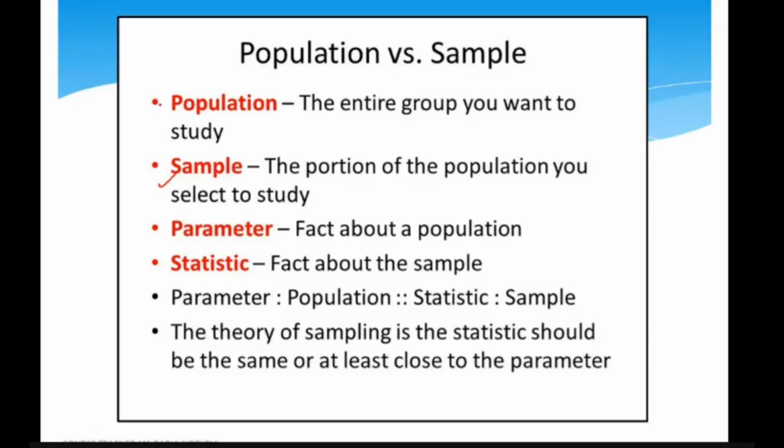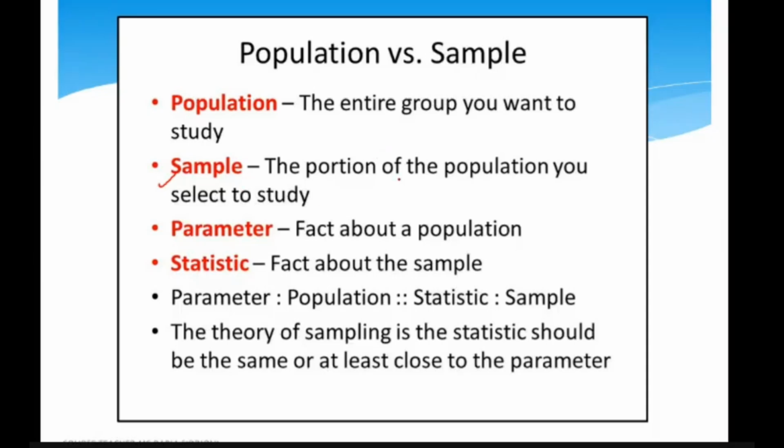Population is the complete set of data elements. A sample is the subset of a population. And what is a parameter? A parameter is basically any numerical value that describes the characteristic of a population. And what is a statistic? Any numerical value that describes the characteristic of a sample.